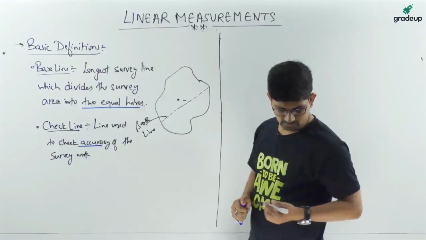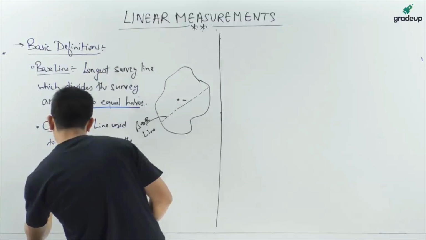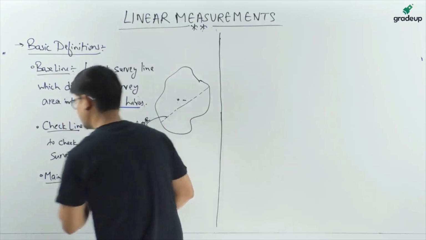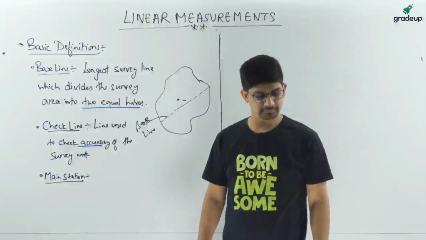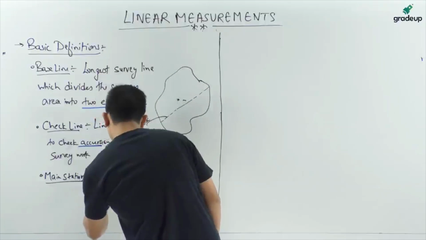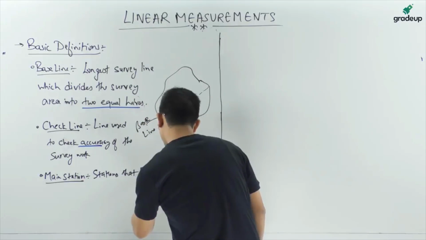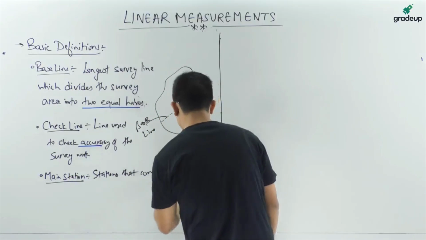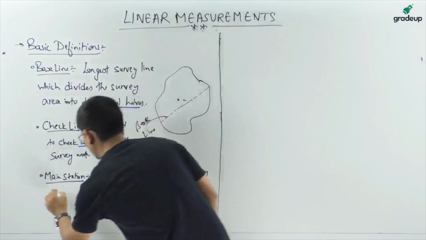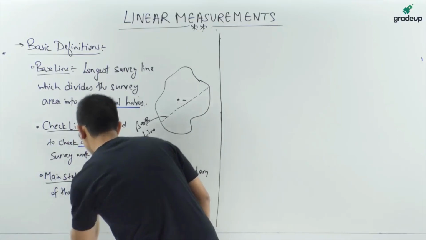Okay, now the third thing is main station. Okay, so what are main stations? Stations that command boundary of the survey.